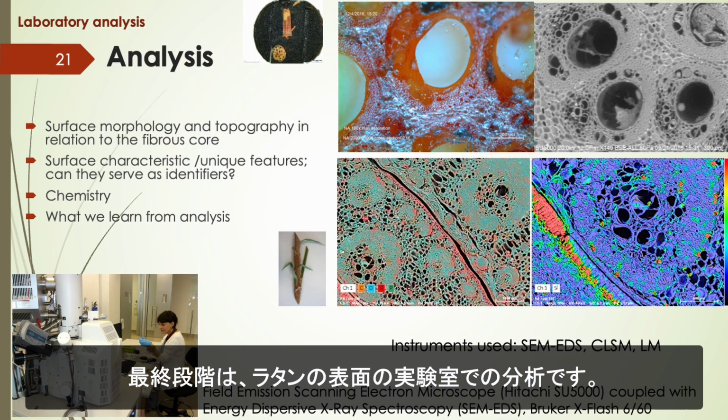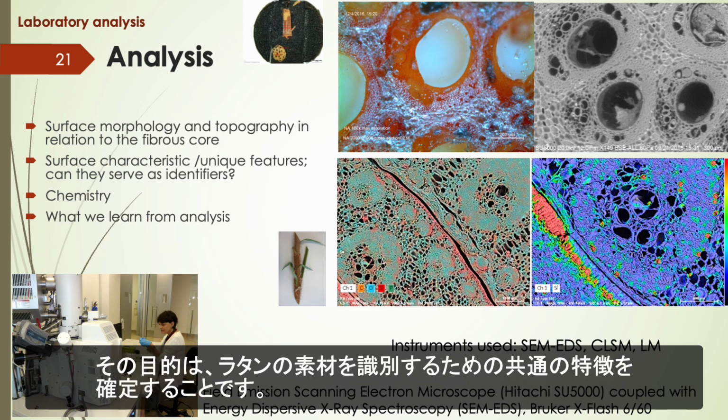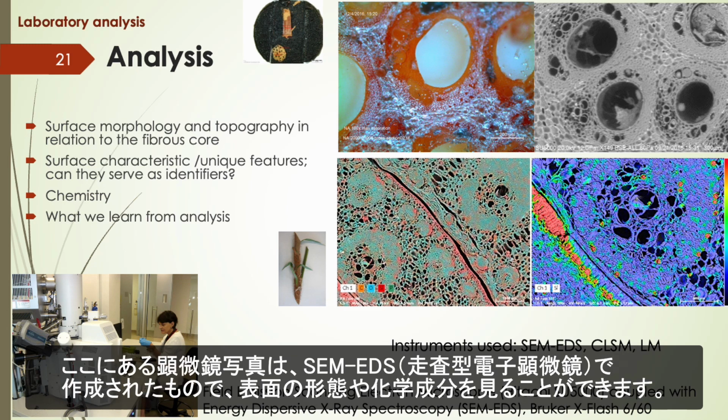So the final step was laboratory analysis of the rattan surface. That analysis aimed to identify what features of rattan can be established as common and characteristic for the identification of the material. The micrographs which you see here were generated by different microscopes. On the top right, the first one, the colorful one, was generated by a light microscope, an optical microscope, in transmitted light.